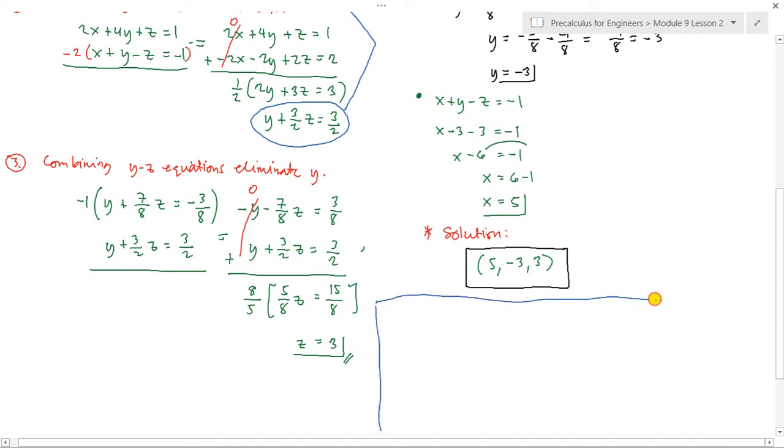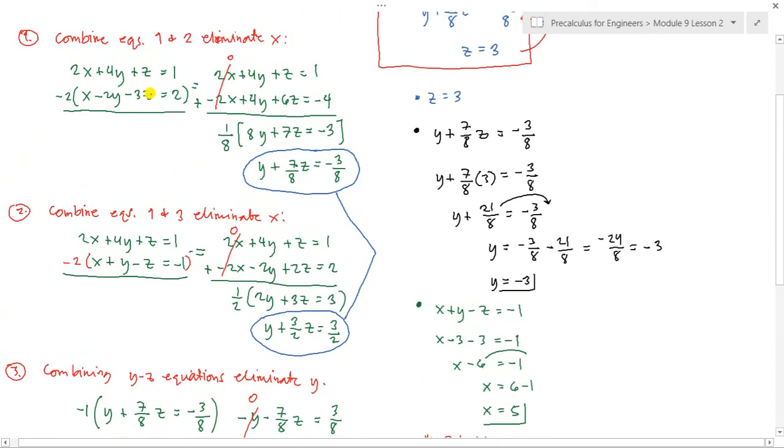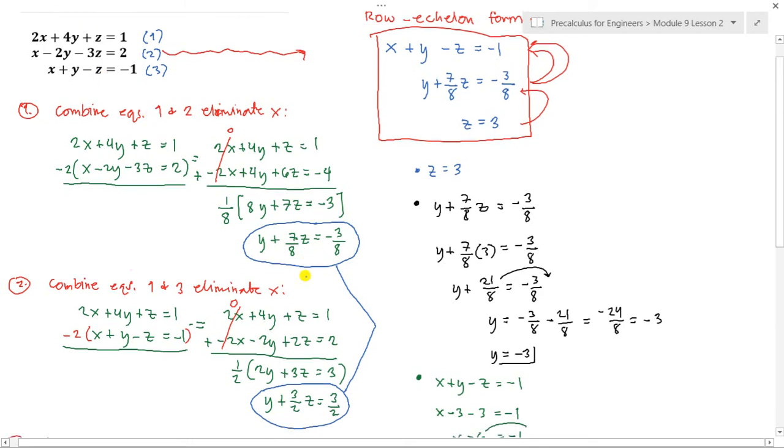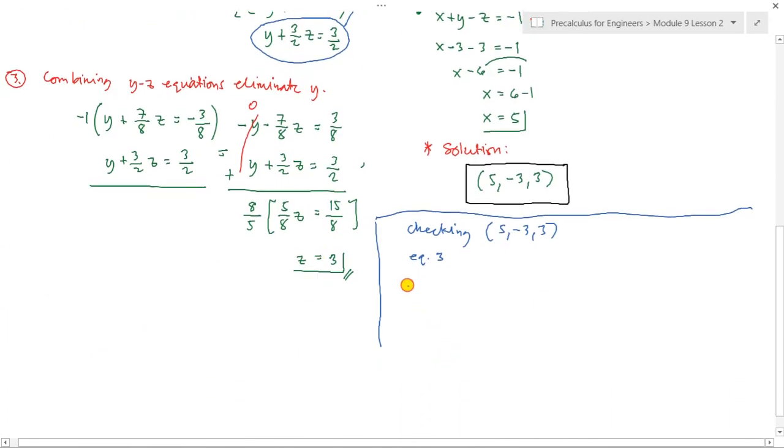In checking, we use the solution 5, negative 3, and 3. We choose equation 3, the last one: x plus y minus z is equal to negative 1.